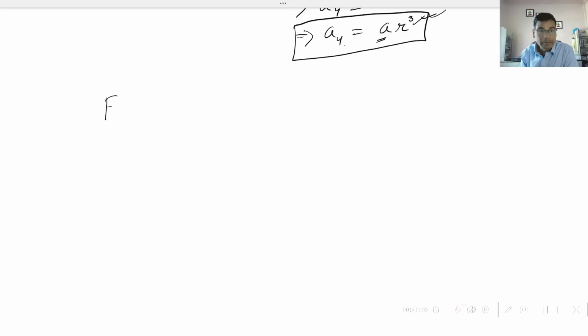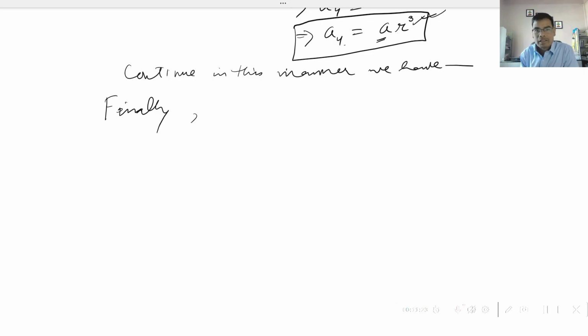the nth term. So let me write, continuing in this manner, we have an, that is the general nth term, is equal to a, then r, with the power of r decreased by 1, that is a r to the power n minus 1.